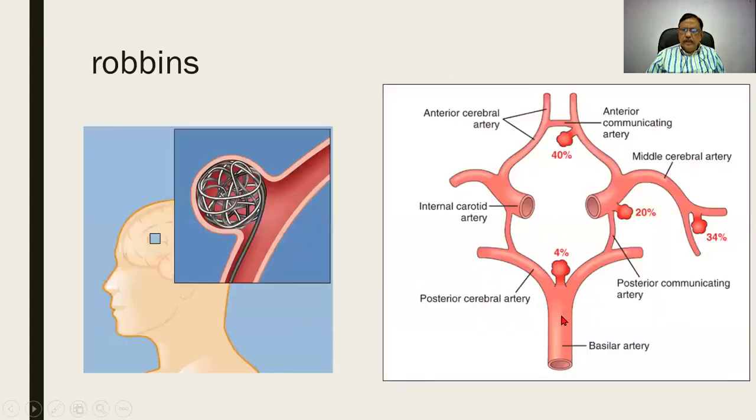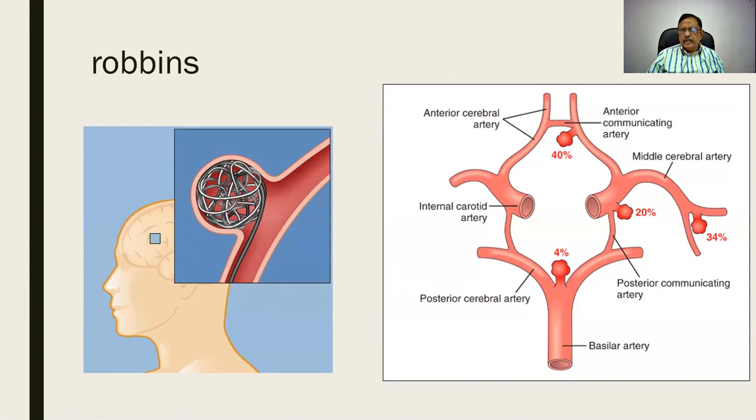Look at this picture over here. On the right, you find the circle of Willis, showing the major blood vessels and the communicating arteries. At all these levels of communication, you find that there is a congenital absence of the media in some patients.